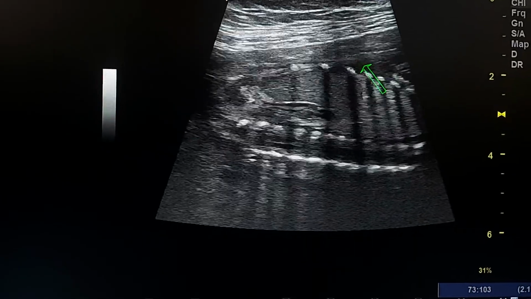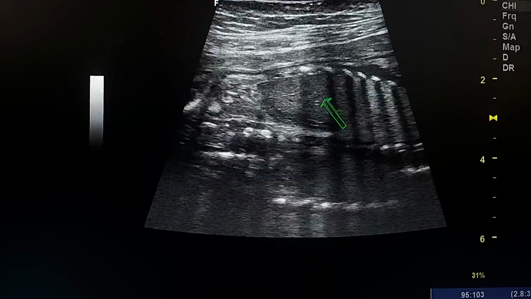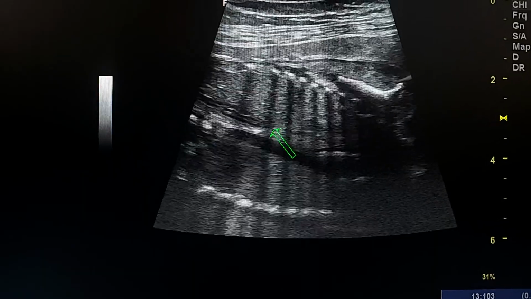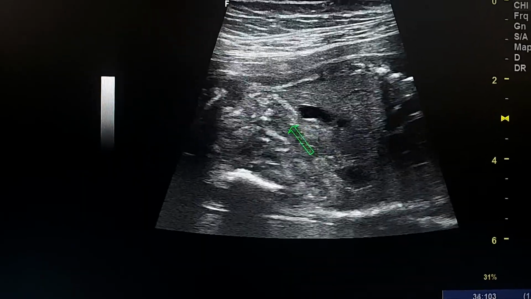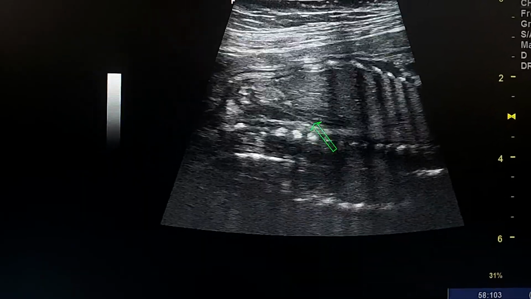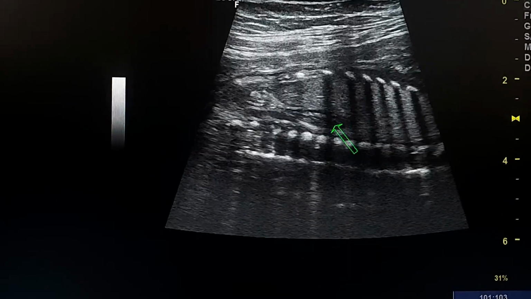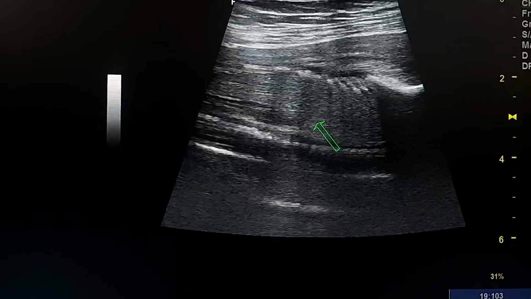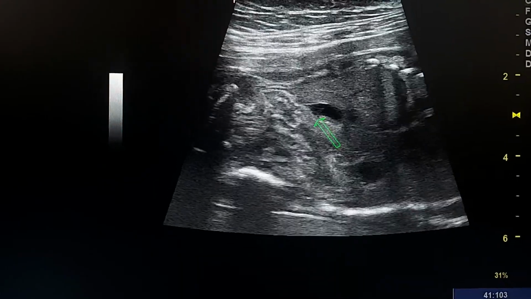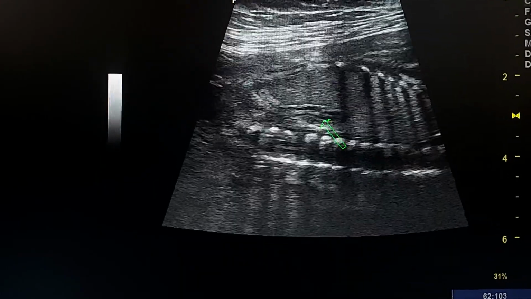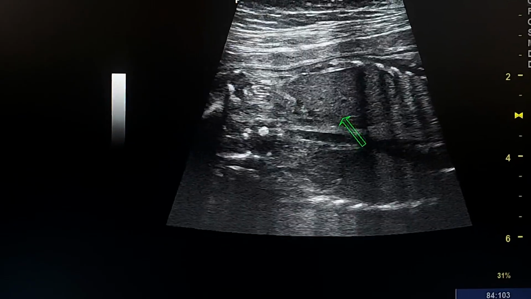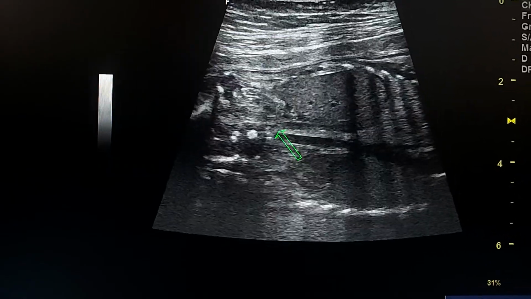We see no amniotic fluid around, and this is the adrenal, which lies longitudinally on the psoas muscle, and no kidney here.